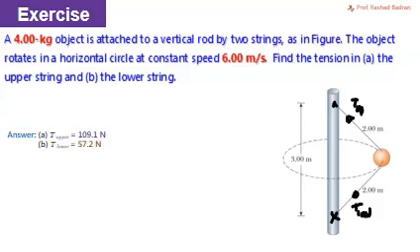The upper tension is larger than the lower one. The upper one is given as 108.1 newtons, while the lower one is 57.2 newtons.